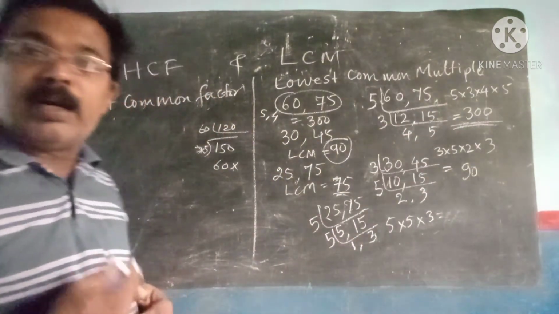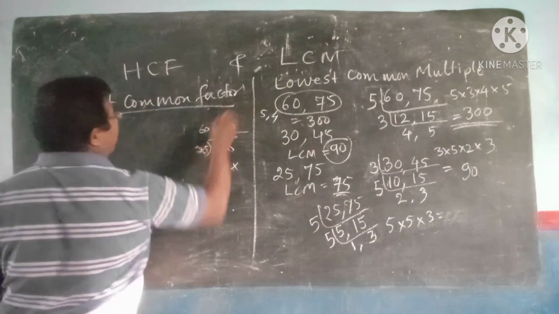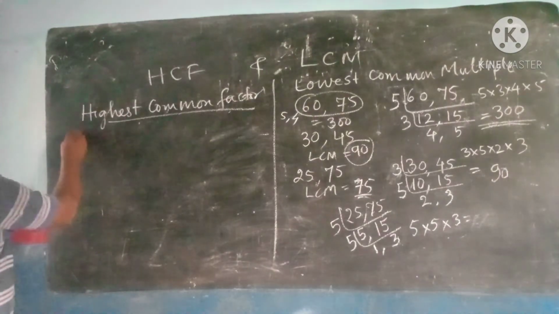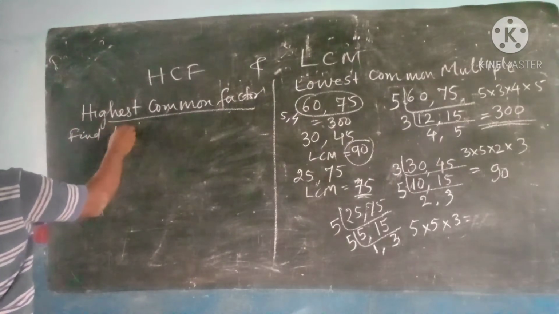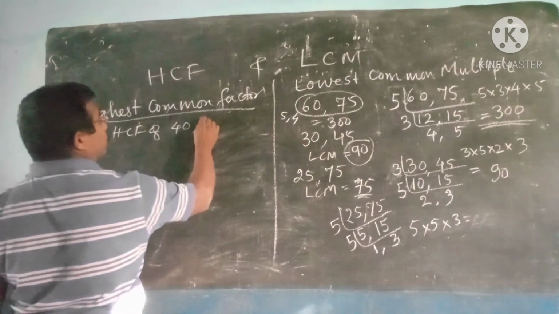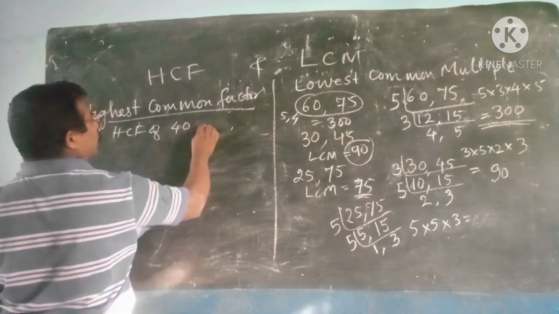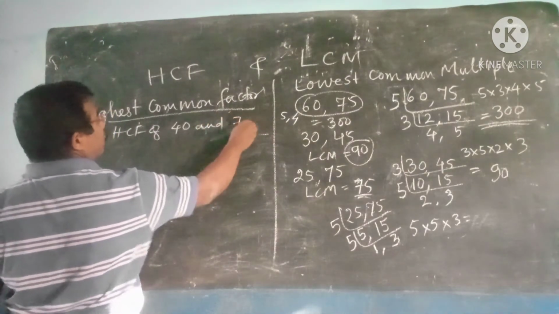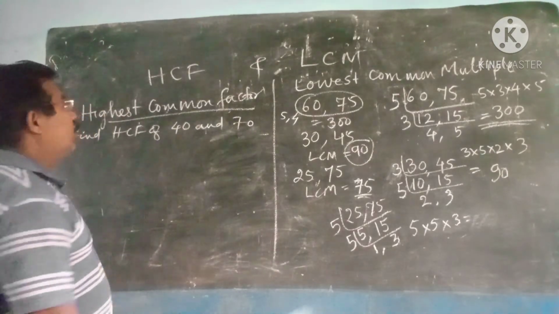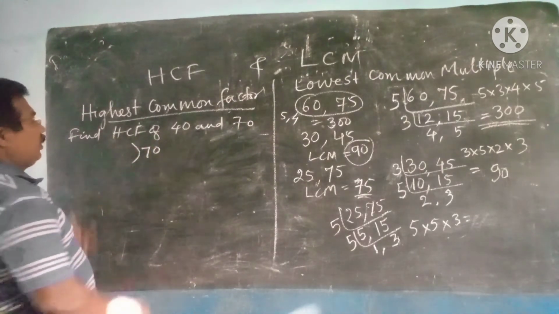Now let us find out what HCF is. HCF is the highest common factor. For example, the HCF of 40 and 70. Let us see how we can find it. You start by dividing the larger number by the smaller number.